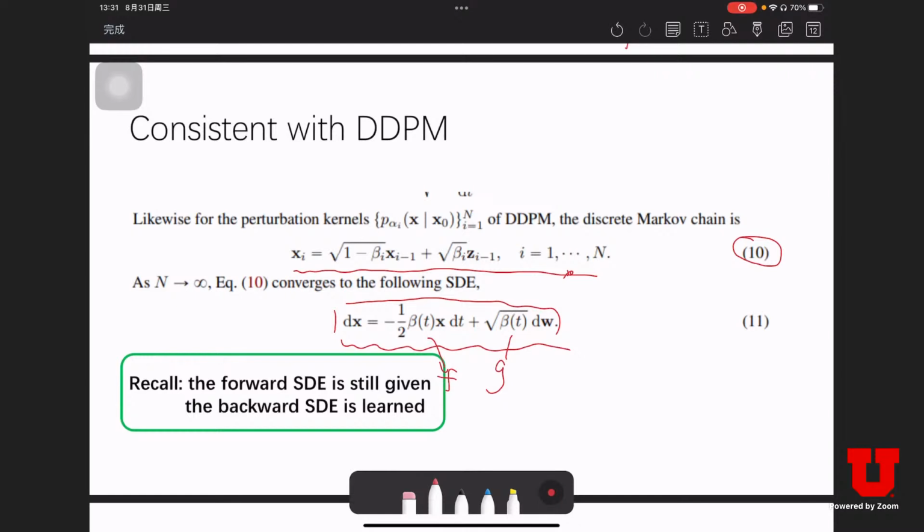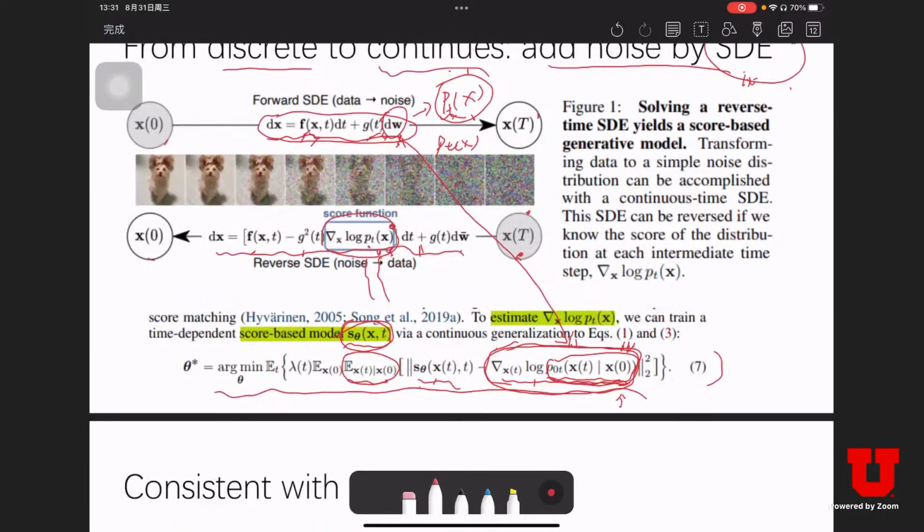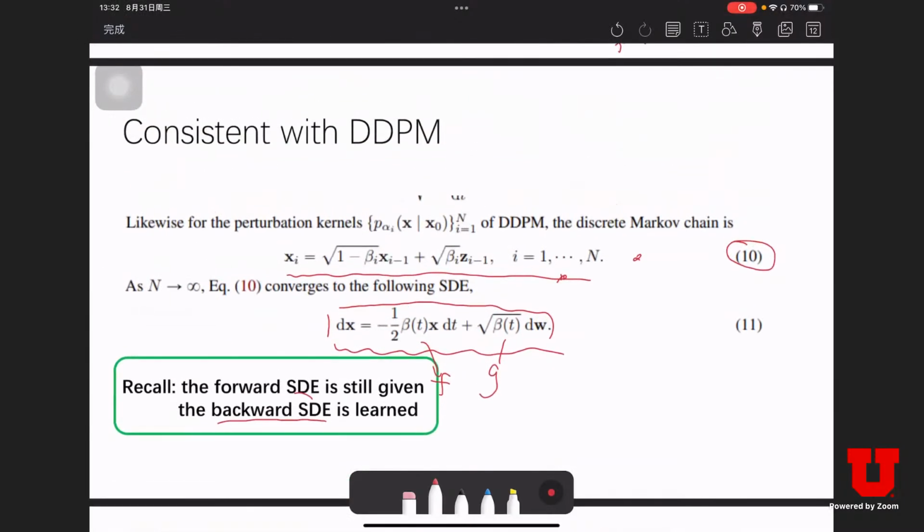Recall that the forward SDE is still given, based on the transition, and the backward SDE is learned because it has the term of the score function. You have to learn it, or you can solve it by another approach. So I have to remind you, the forward SDE is given and the backward SDE is still learned. It's consistent with DDPM. The forward transition is given and the backward transition we have to approximate and optimize.